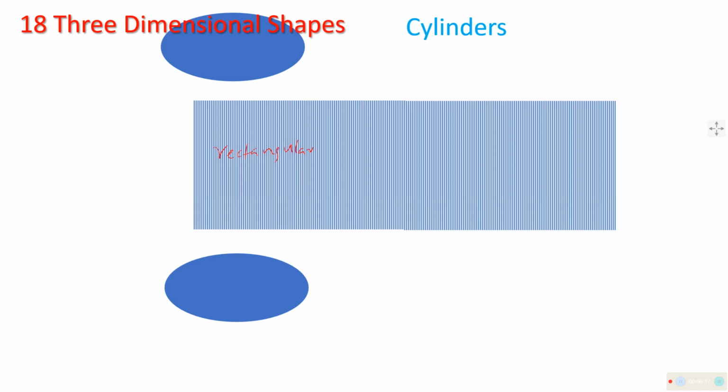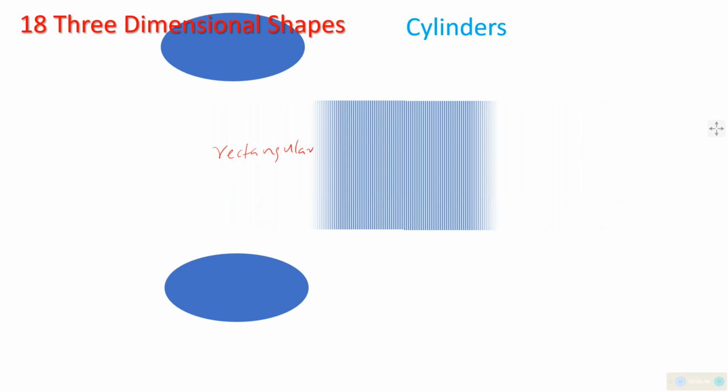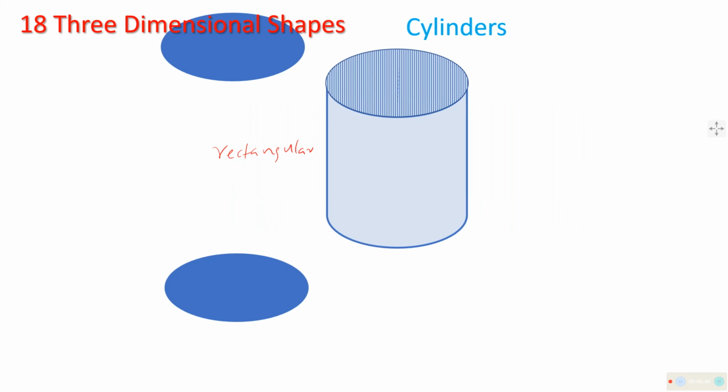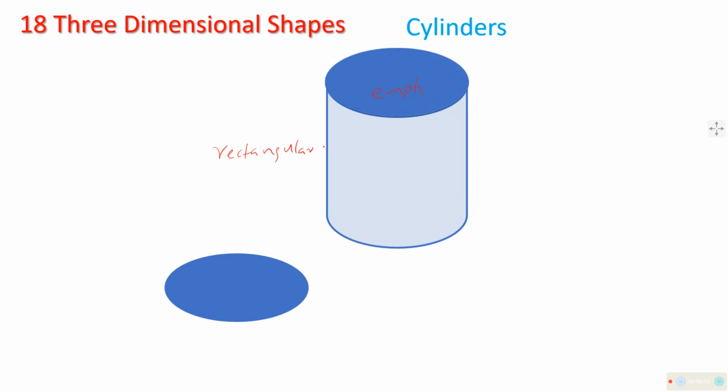Cylinders are three-dimensional figures having a circular face on top and bottom and a curved surface in between. So if you fold this, it will remain like this. Inside it is empty now, and we will put the lid over here and close below. It becomes a cylinder now. It has got a curved surface.